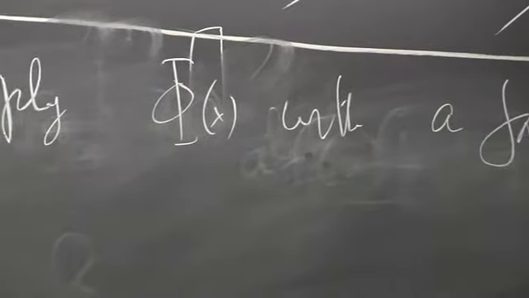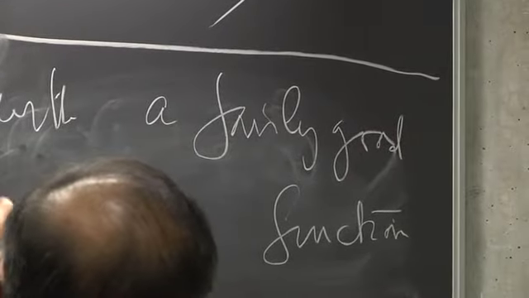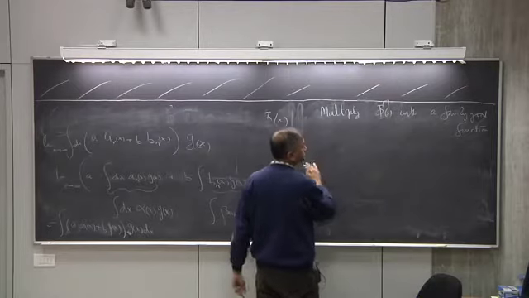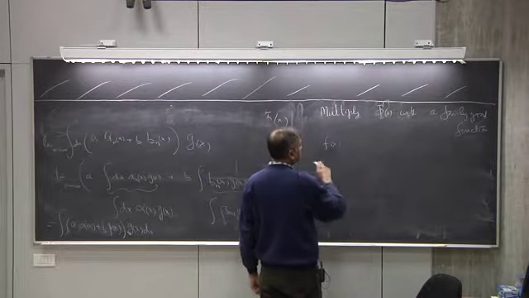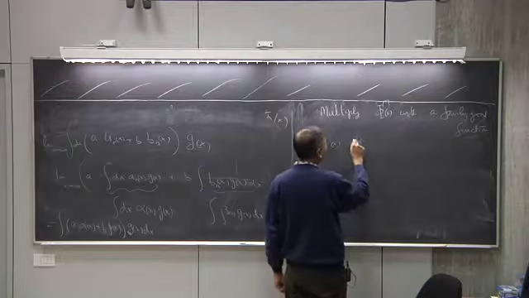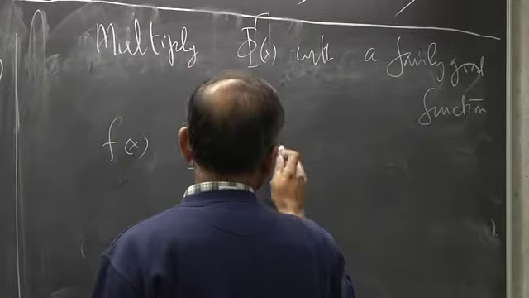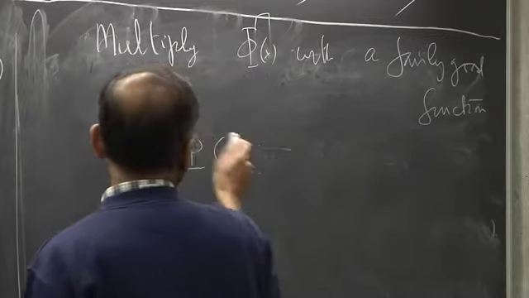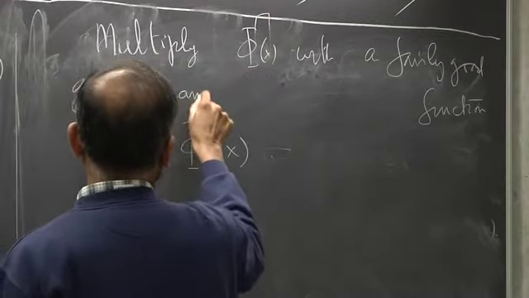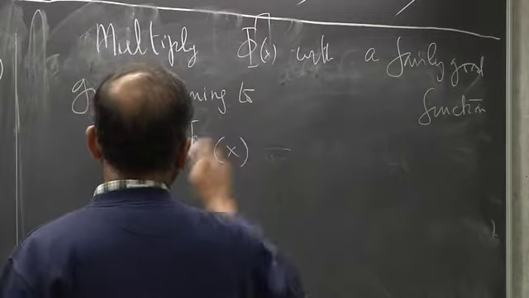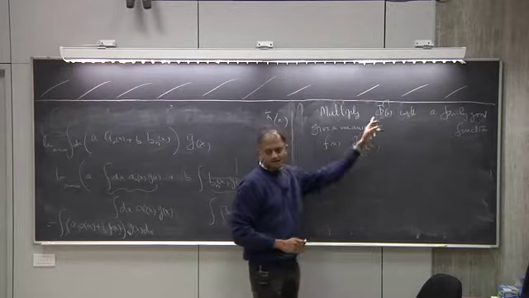Again, it's essentially the same. So let's say I'm given a fairly good function f(x), and I want to define what I mean by this. So I want to give a definition. What is the meaning of this? We want to give a meaning to this concept of multiplying a fairly good function to a generalized function.